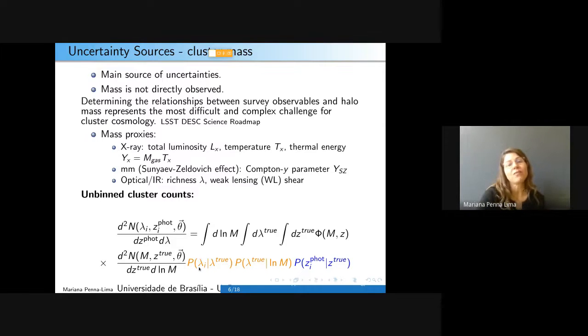And here we have the probability distribution between the true richness and the one that we observe. This phi here, this function, is what we call the selection function. This takes into account the completeness and purity of our catalog. So to have the cluster number counts, this number density, we have to take into account all these features that come from observations.